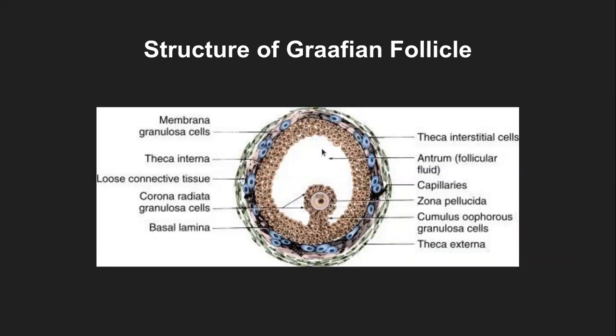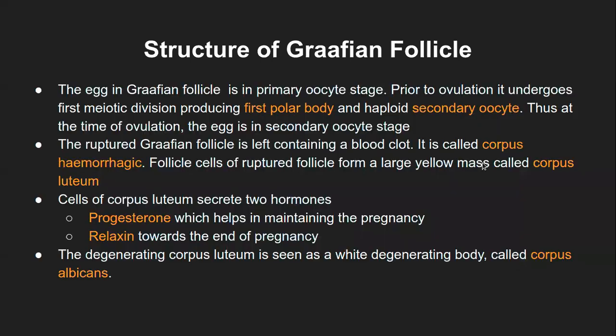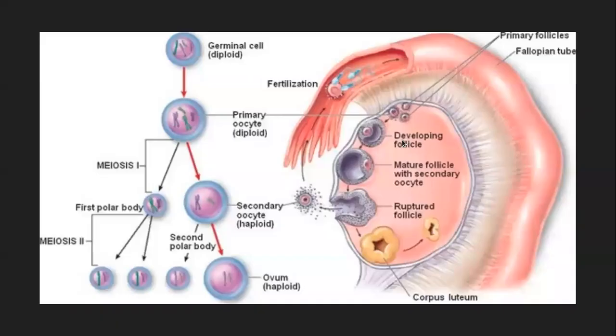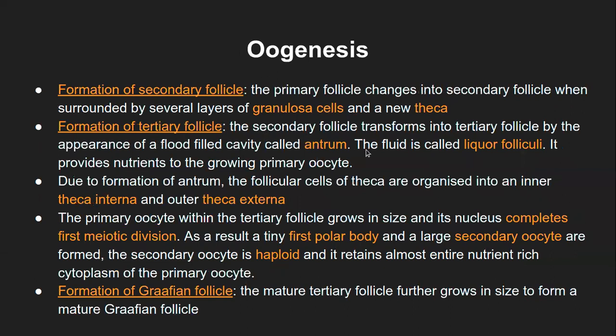And this cavity, not empty, it is a fluid filled cavity, that is called antrum, or it is also called follicular fluid because it is present within the follicular space. So that is the antrum cavity within the tertiary follicle.